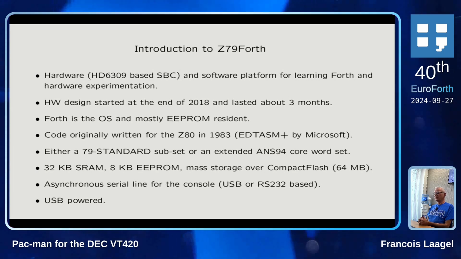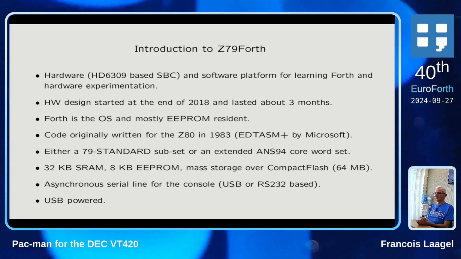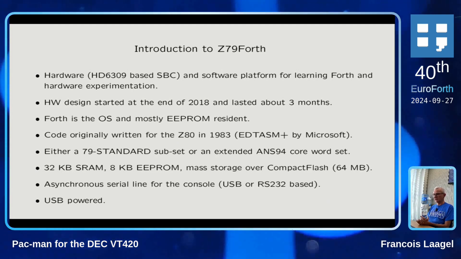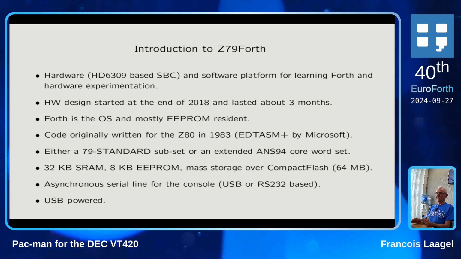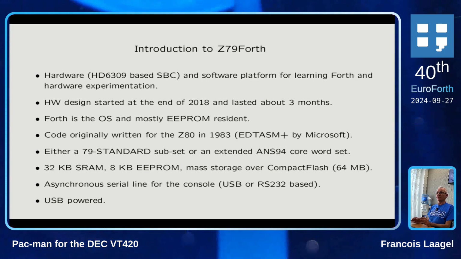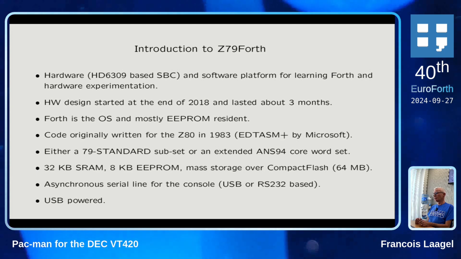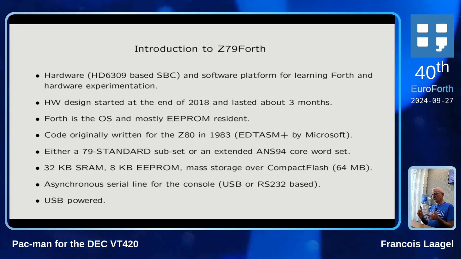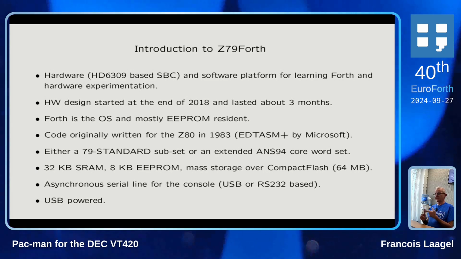It was not complete, and it evolved over time, but it was satisfying, and I proceeded to develop the firmware itself. So Forth is the OS on this platform. There's nothing else. I had to write the BIOS layer completely to support things like serial communications and the compact flash mass storage.